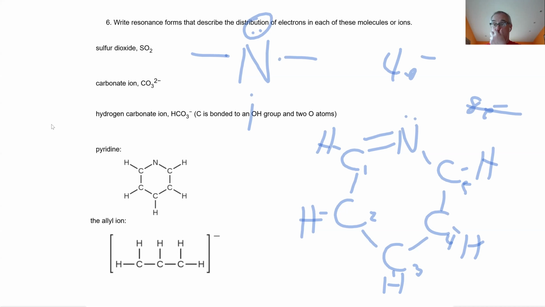It only has 3 bonds and only 6 total, so it could use another pair. Now we're down to 2, so we have 2 more left. Go to carbon 4. Okay, put them on carbon 4. So now we're done, that's all our electrons.